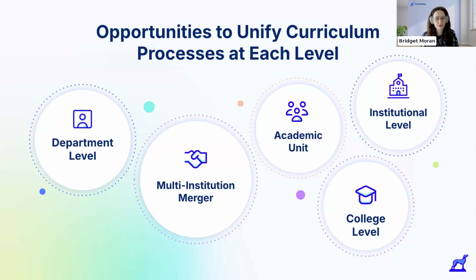Or maybe at your institution, each department has their own process, so you're thinking about how we can streamline it at the college level or across all undergraduate or graduate programs. Regardless of why you're here today, I really think these lessons learned are hopefully going to be applicable and helpful for you.